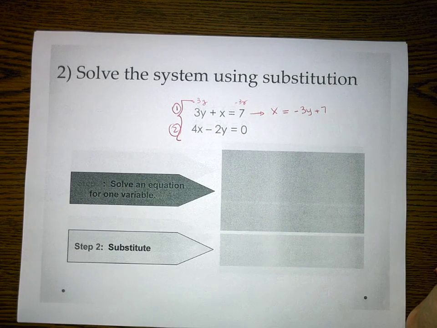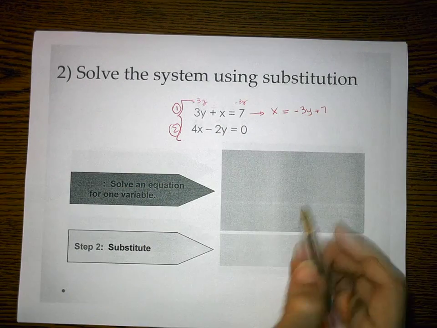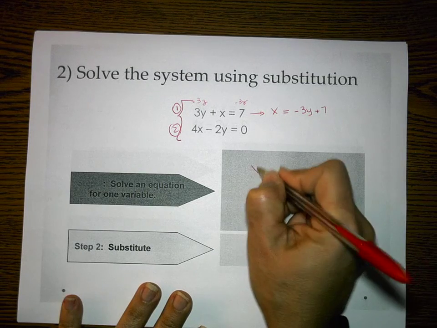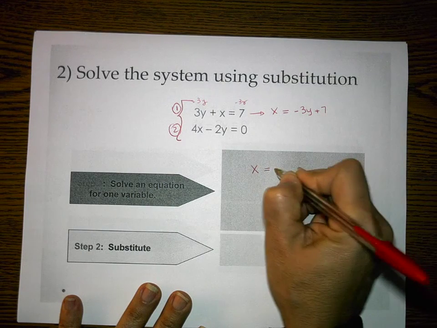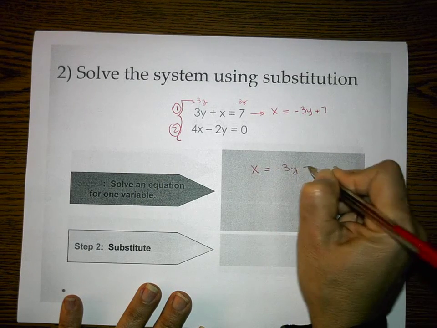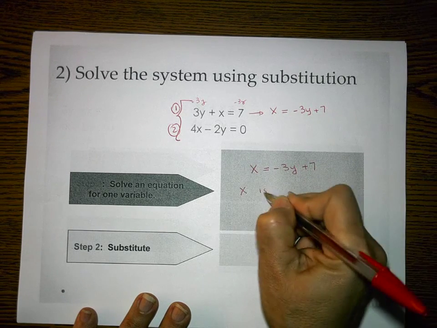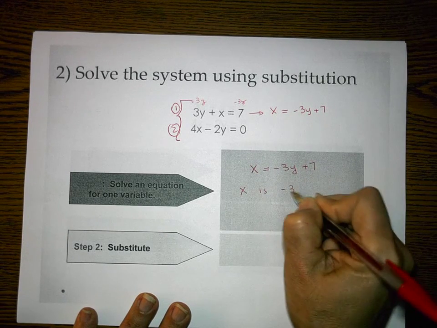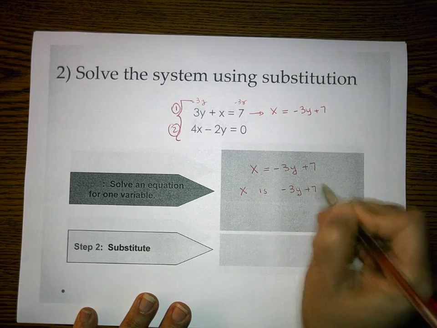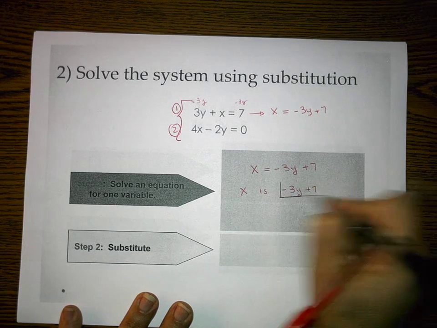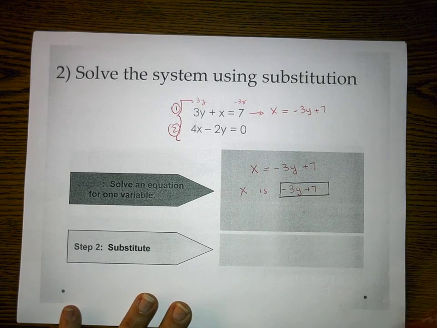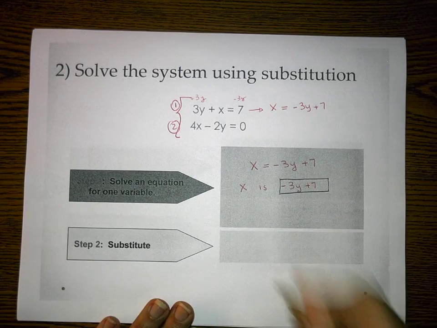There we go. I got my variable isolated. Now I'm going to use x equals negative 3y plus 7. In other words, x is the same as negative 3y plus 7. I'm going to use this value right here in the place of x in the other equation.